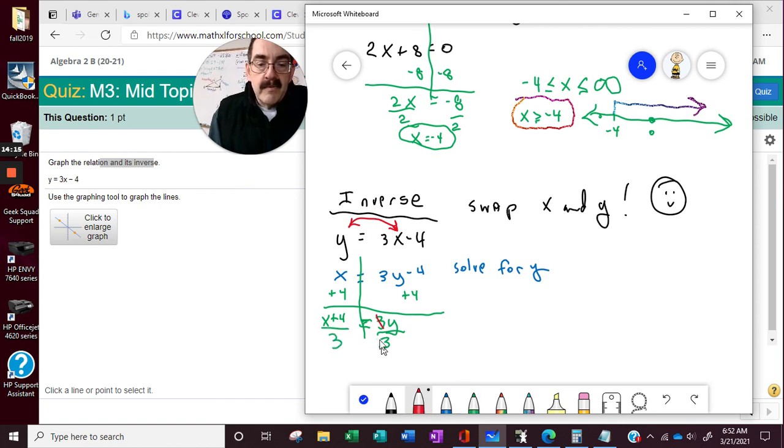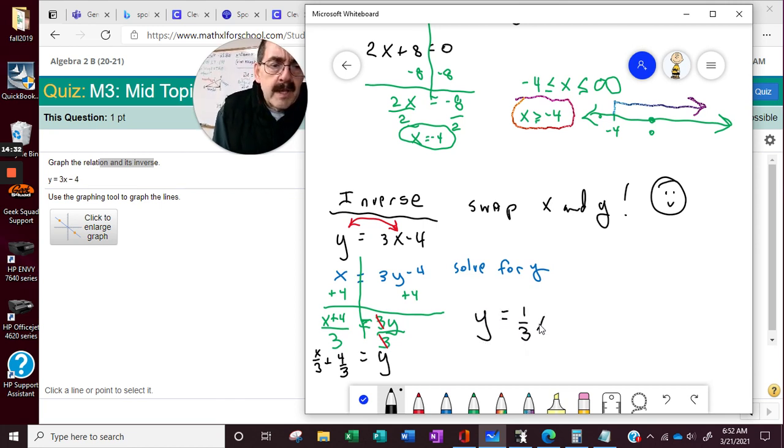We're happy. 3 divided by 3 is 1. y equals x over 3 plus 4 over 3. Why'd you do that, Monte? I need to be able to graph this. Okay? So here's our slope, plus 4 over 3.